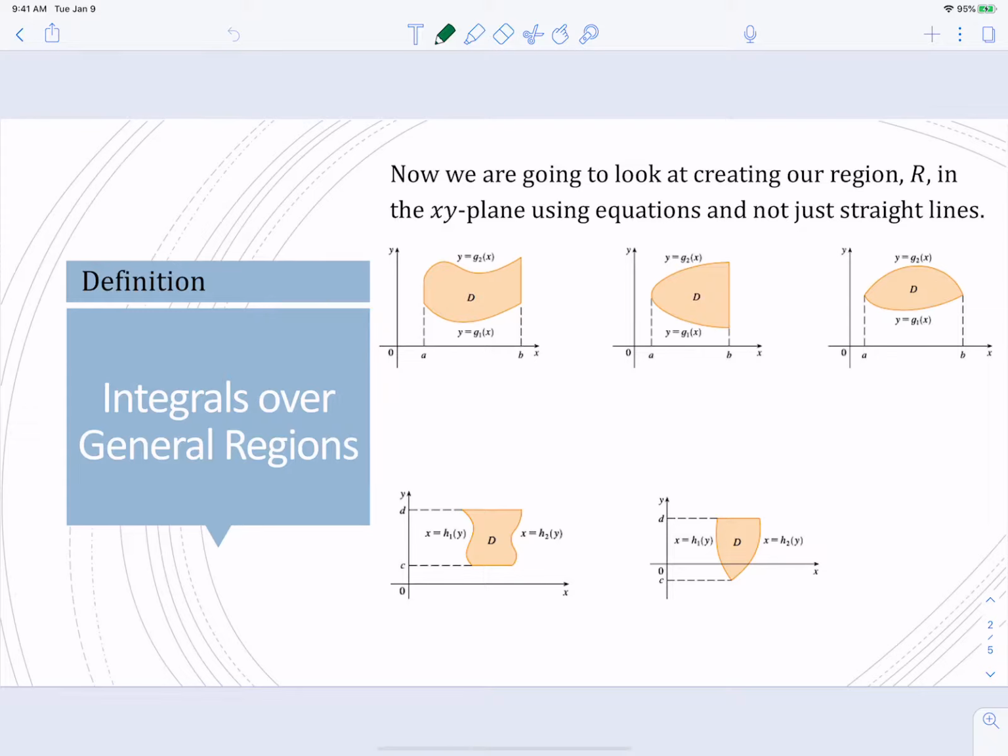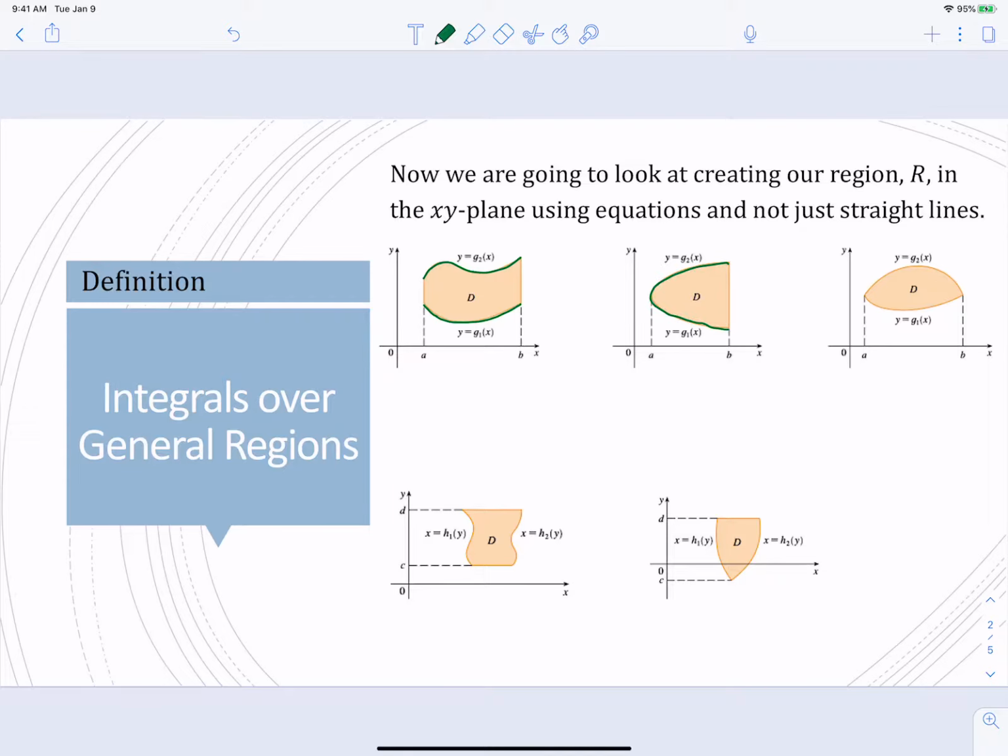So the idea is that we can have, say, functions like we're used to. So y equals something in terms of x, and that's our bottom function. And then we've got a top function, y equals some other function of x. And then we're going to look at it from x being a to b. And we can have all different kinds of situations here.